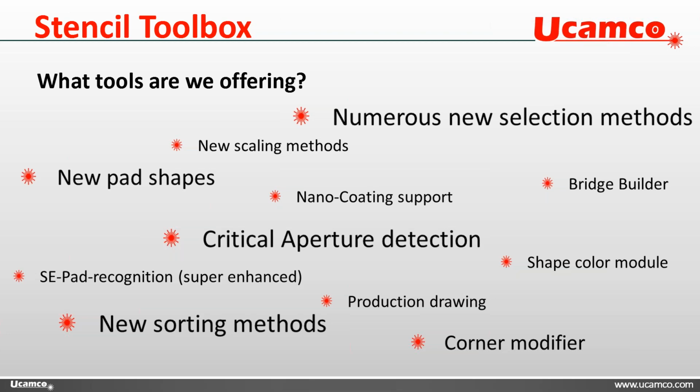Of course, we'll talk later about it. We have support for nano coating. We have a bridge builder. We have a super enhanced pad recognition. We have new sorting methods for sorting the openings on your stencil, a corner modifier. So like you can see, there's actually quite a lot we can talk about, and that's what we are going to do in the next half hour.